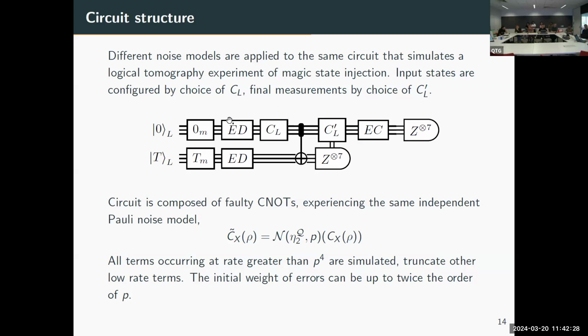But the reason I've included it is that in the current way this stabilizer state is prepared, you do get X and Z errors from a single fault, with two errors at the end, X and Z. And as suggested before, these are actually bad.